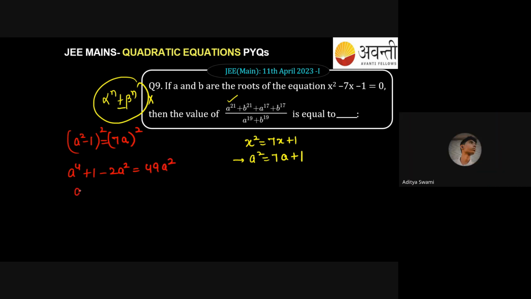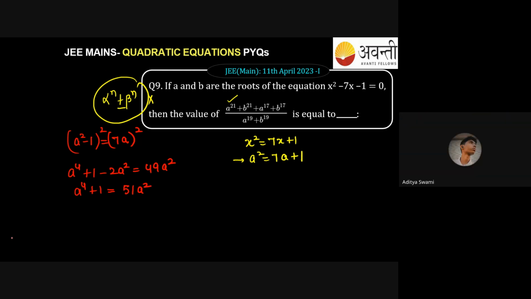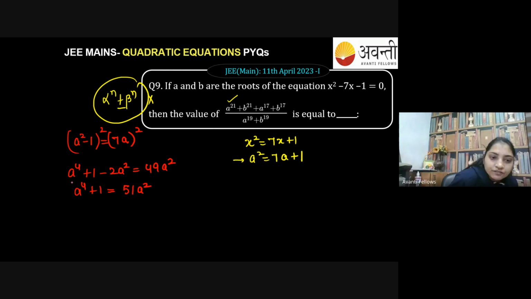So a raised to power 4 plus 1 is equal to 51a square. Now if you multiply it by a raised to power 17, it will give you a raised to power 21 plus a raised to power 17 equals 51 a raised to power 19.